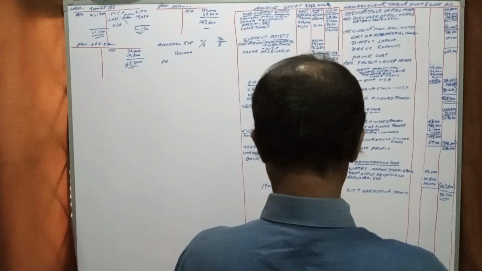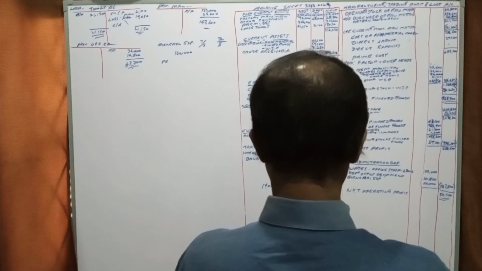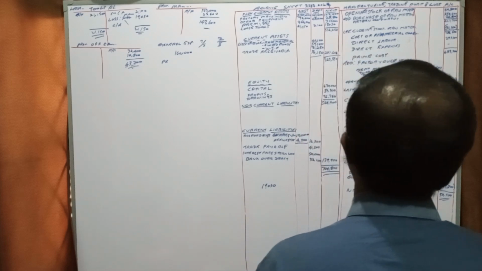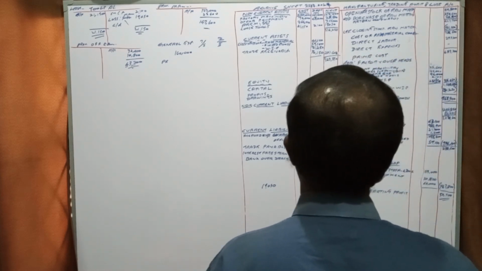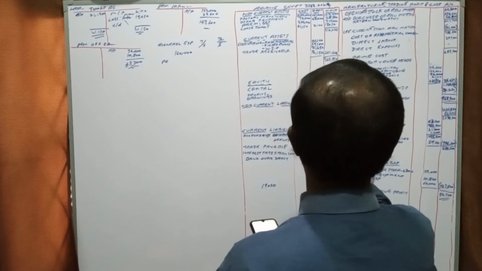50,700 plus 630,000 minus, sorry, drawings should be deducted.